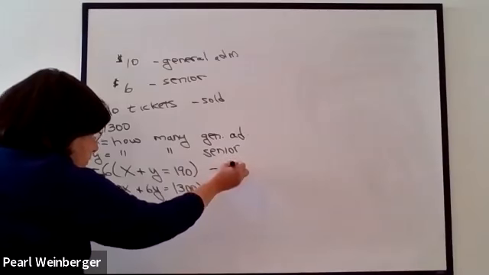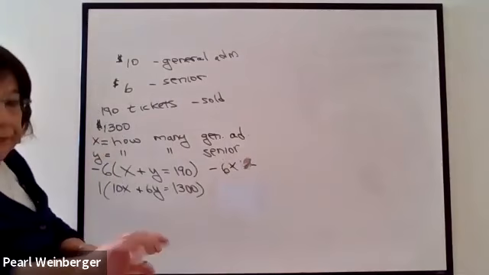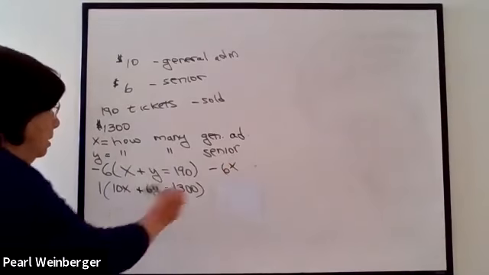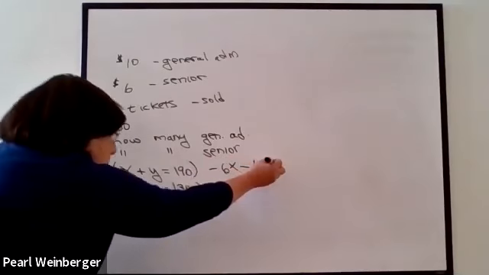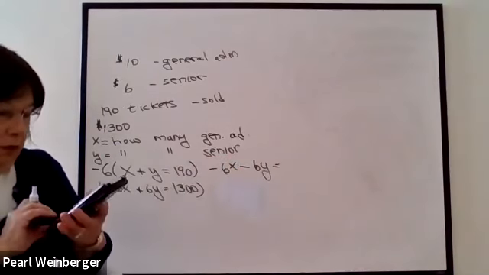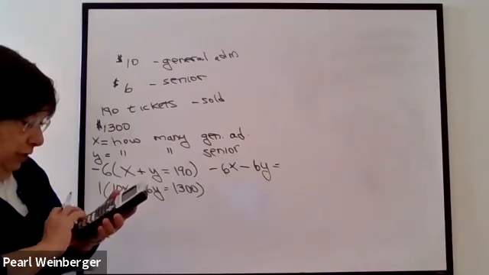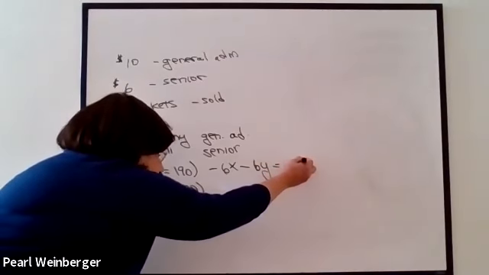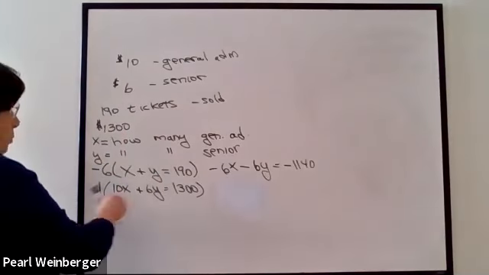We're going to get -6x minus 6y, because I'm multiplying the y by -6. Okay, now this I don't know in my head, so I'm going to use my calculator. I'm going to multiply -6 times 190, which gives me -1140. The bottom equation, I'm multiplying everything by 1, so it stays the same.